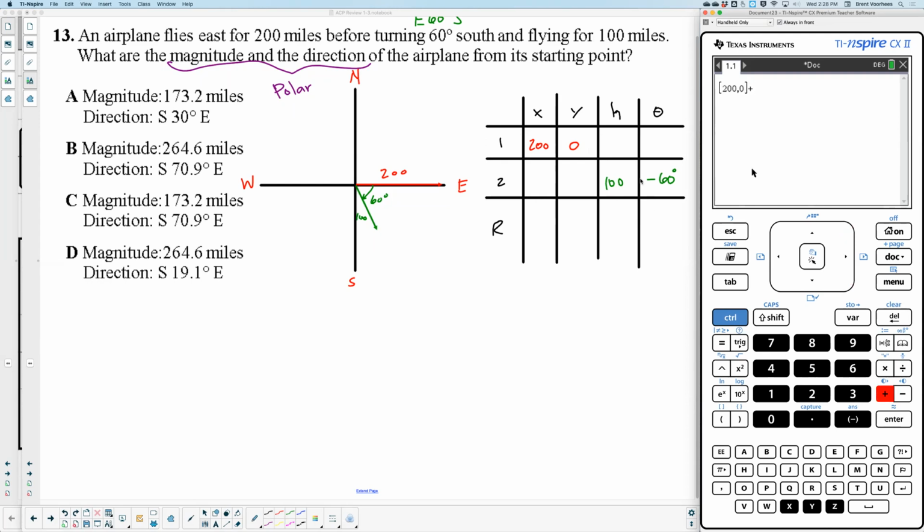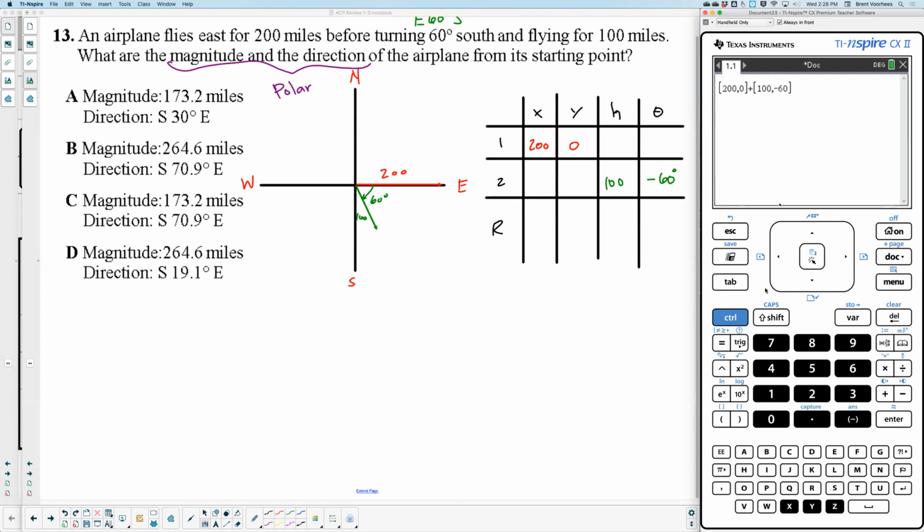I'm going to add vector 2, which is control bracket, 100, comma. Now, again, if I just hit negative 60, I need to check one, I'm in the right mode. But if I just left it as negative 60 without the angle symbol, it would think that the X is 100, the Y is negative 60. We need to make sure the calculator knows it's an H and theta.